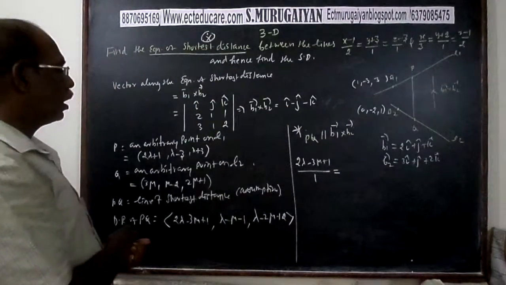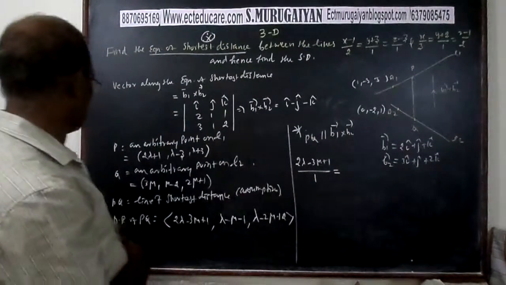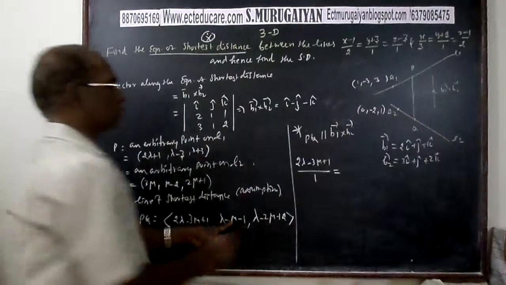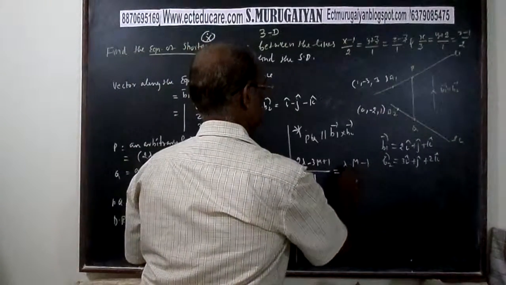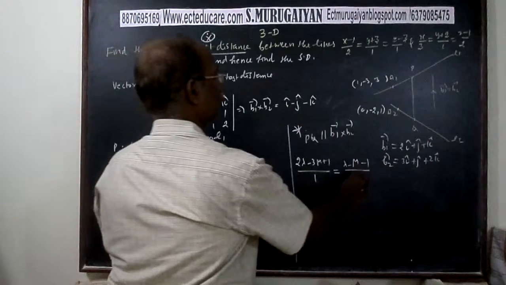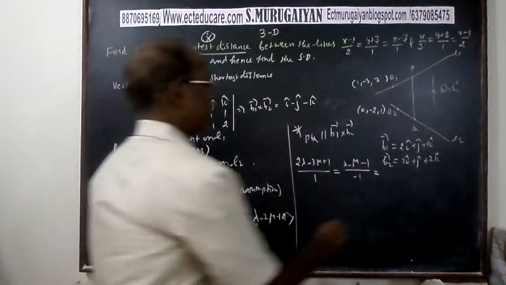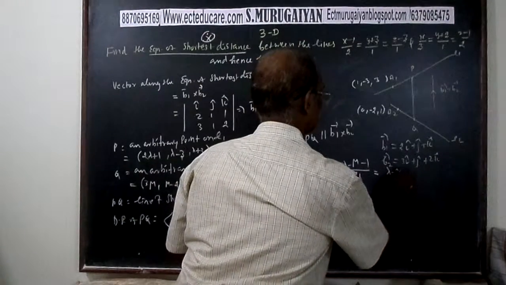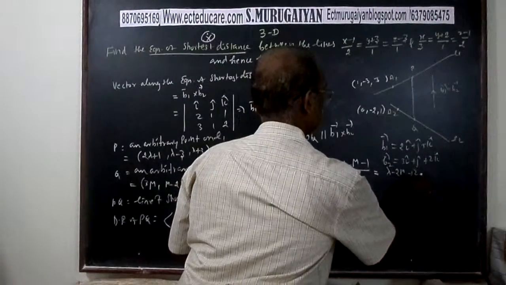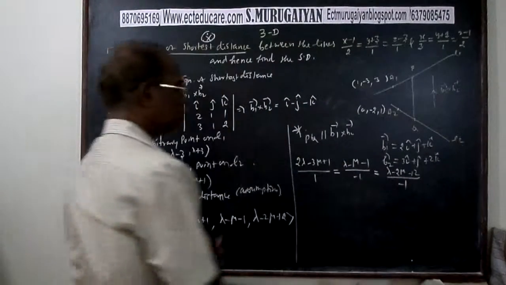Similarly, the y component of the vector PQ, that is direction ratio lambda minus mu minus 1, is proportional to negative 1. For the z component, lambda minus 2 mu plus 2 is proportional to negative 1.